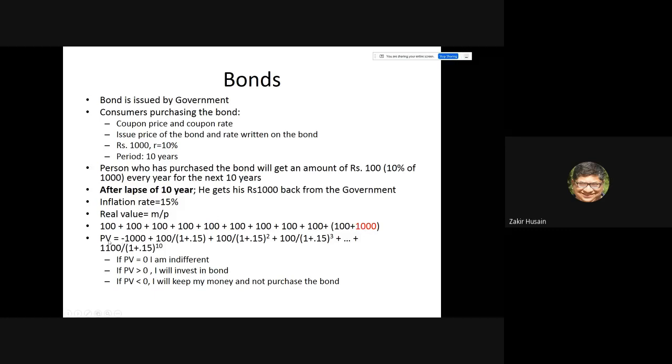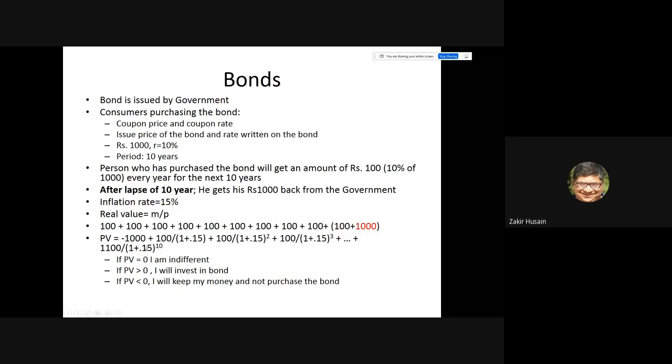But if you take the present value, see, in the first year you have paid 1,000. Should you invest in the bond or not? And this is divided by 1 plus 0.15. Now you square this, you cube this and go on till it becomes 10. In the last year you get 1,100. So you find out the present value.